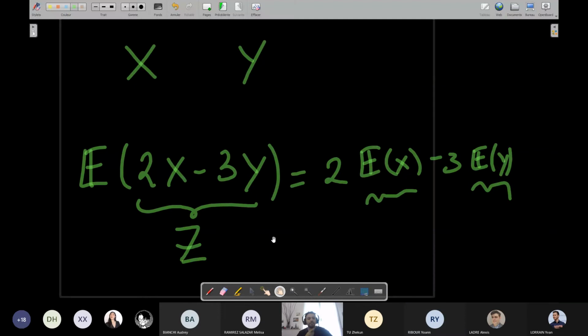Thanks. Okay, so the expectation is linear. Another property which is very important is the monotonicity of the expectation. Again, this is a very simple result from integration.